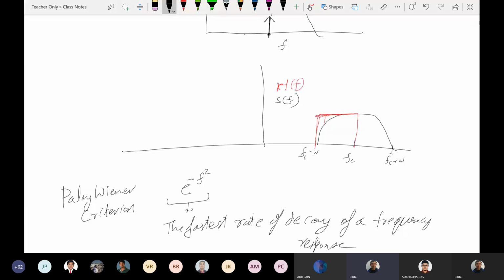Note that when you have a comparator, it works on the time domain signal and it works on the signal as a whole. Whereas when you talk about a filter, it is working on the individual frequency components of a signal. So using a comparator, you cannot actually compare the individual frequency components of a signal.